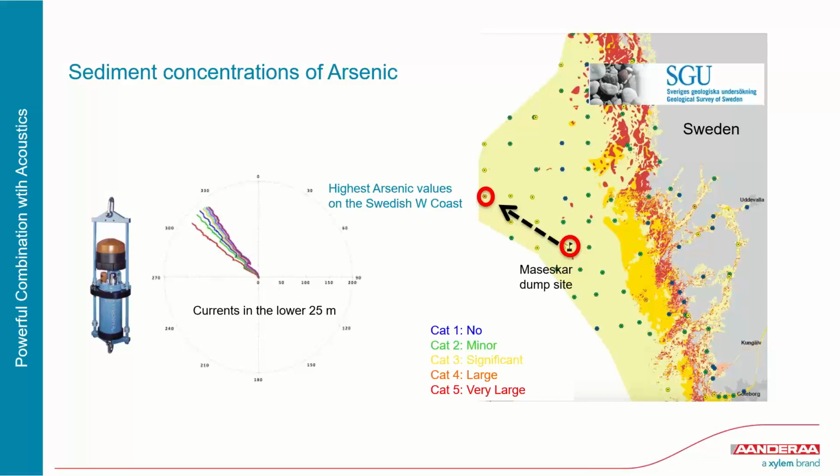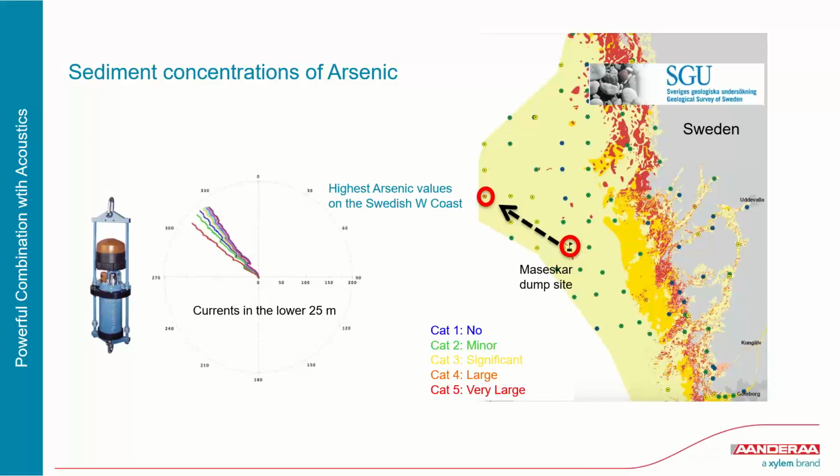Arsenic exists naturally, but it was also part of the mustard gas, so there were high concentrations of arsenic in the mustard gas. In the red circle with the flag, you see the dump site, and the highest concentrations found in all Swedish waters were in the other red circle where you see it marked.